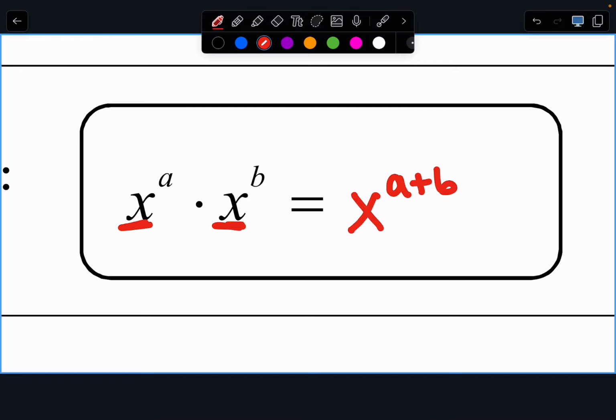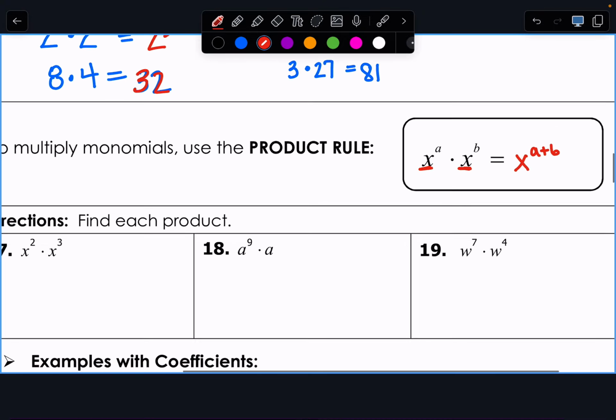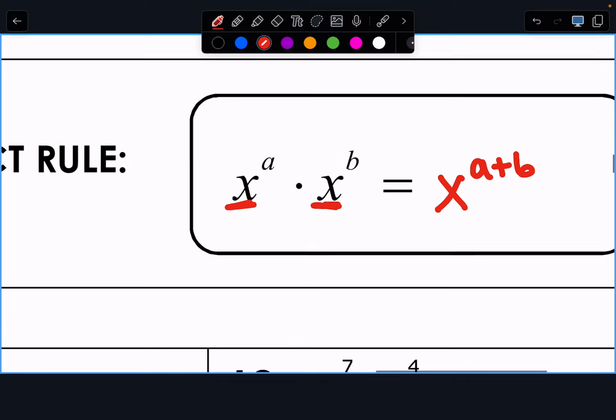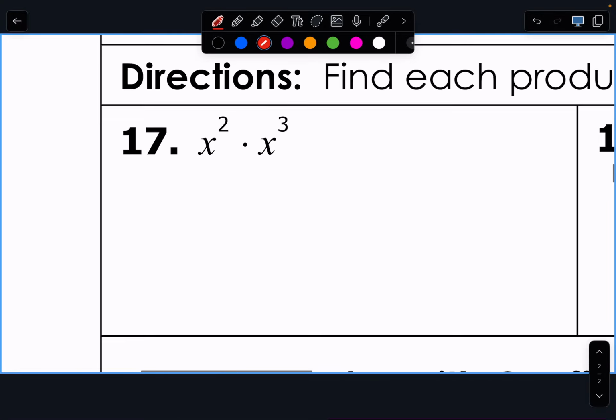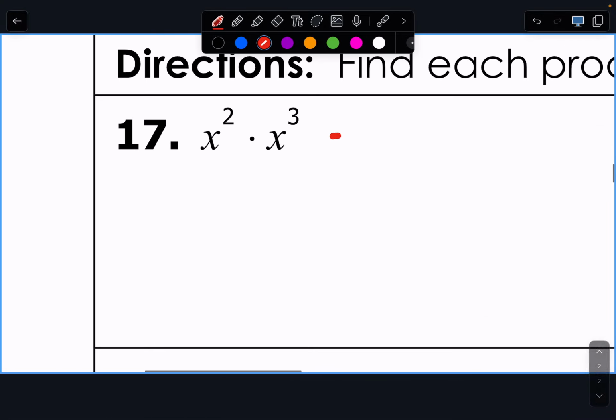Okay? So, looking at number 17, if we follow that rule, this would be x to the 5th power. Now, let me show you why.